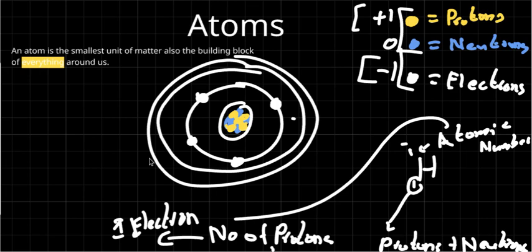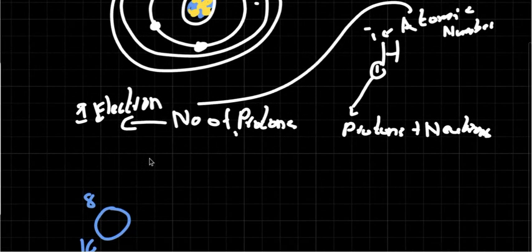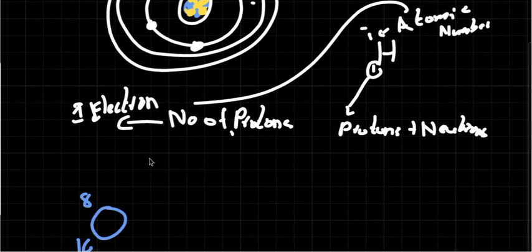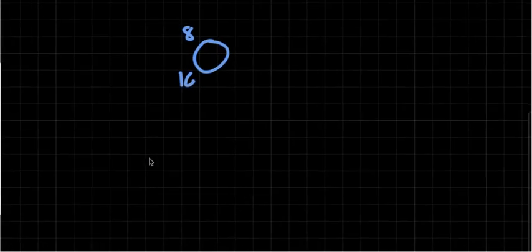Now let's take another example. Let's take oxygen, for example. Oxygen is 8 and 16. From this, the number up here is the number of protons, so this would have 8 protons.